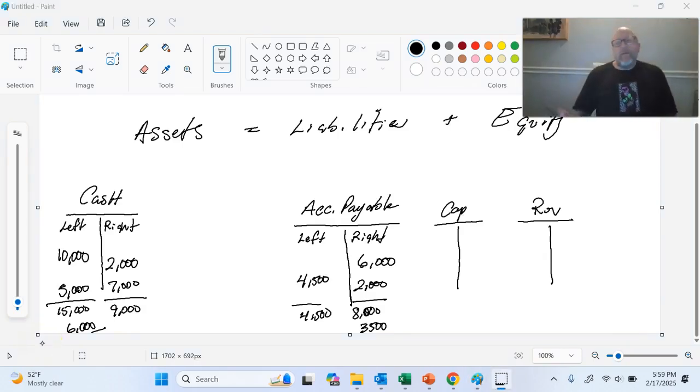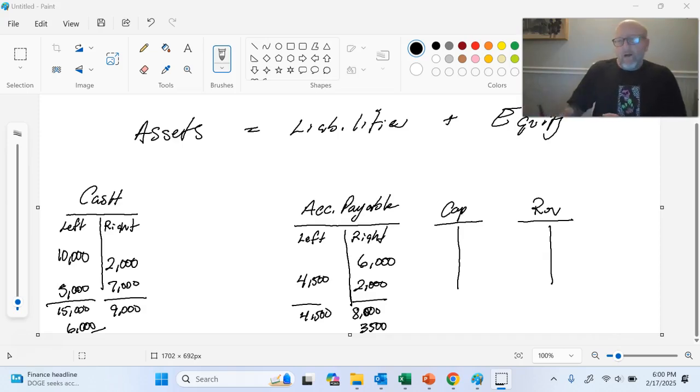All right, we could talk about capital and revenue very quickly. Capital is an equity account, and therefore, if I want to contribute cash to the business, I would show the contribution of cash on the right side of the capital account, because capital is on the right side of the accounting equation.